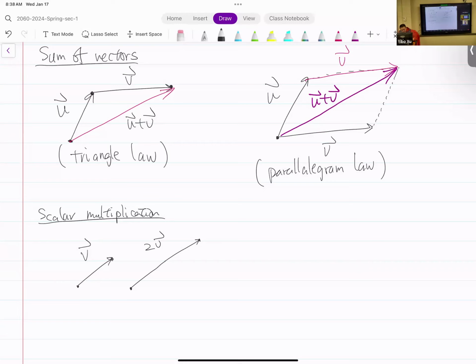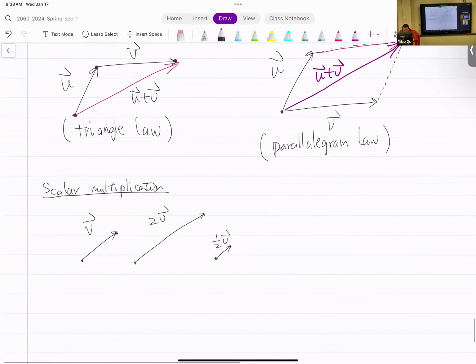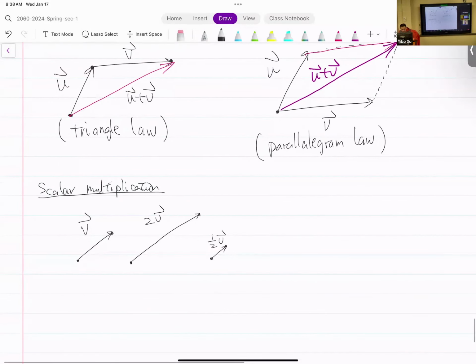And if you multiply a half in front of V, that's saying, okay, it's the same direction, but the magnitude is 1/2 of the original. Right. And if you multiply -1 in the front, that's saying, okay, just like 10, you get to -10.